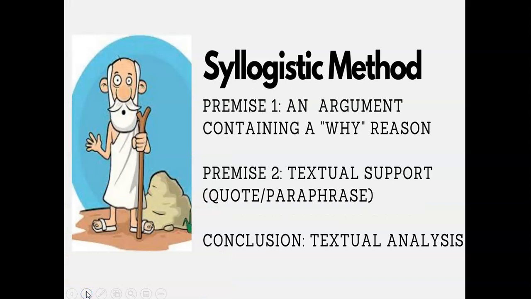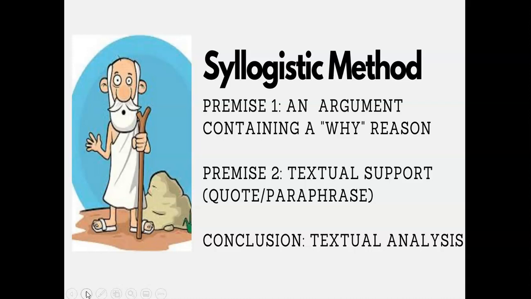When we write for the purposes of synthesis, the first premise is going to be an argument containing a why reason. And the reason being is that, again, it goes to the directions. Your argument must be central. So in the thesis, we didn't get into the whys, right? We're not saying why we are espousing a particular belief with regards to STEM.